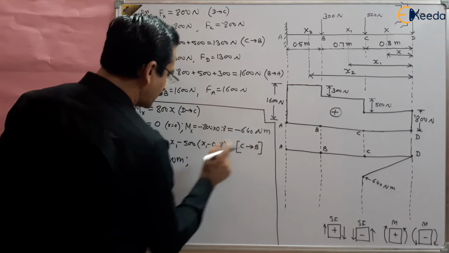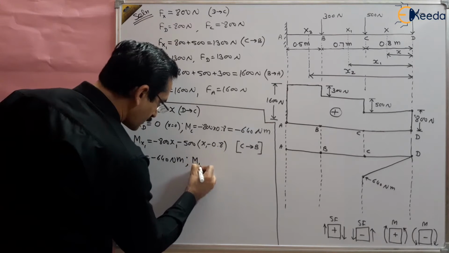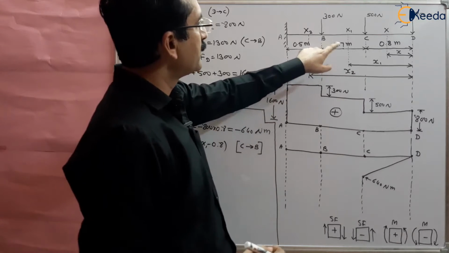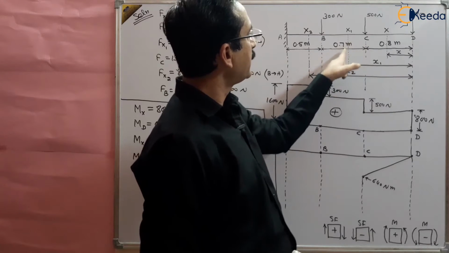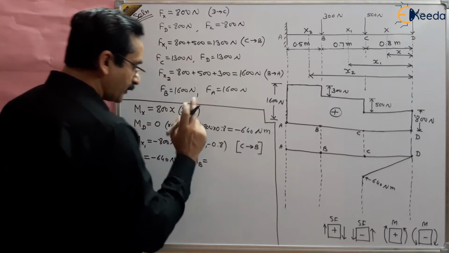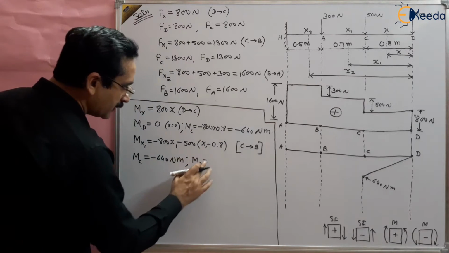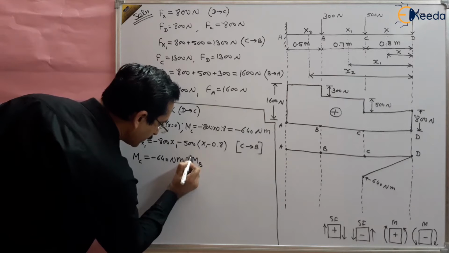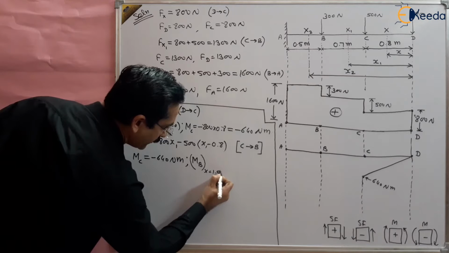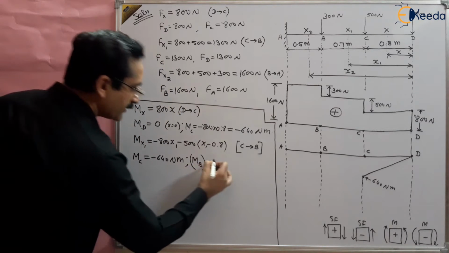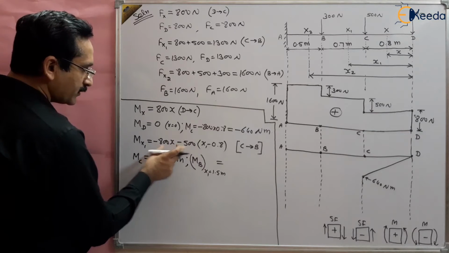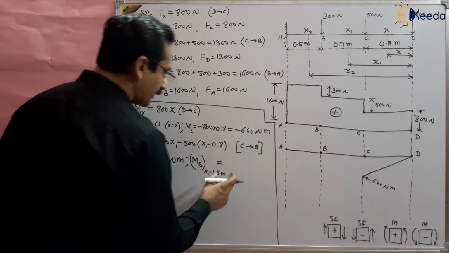And what is the value at B? MB. Now for MB, B is at a distance of 0.8 plus 0.7, that is 1.5 meter, and it means x is 1.5 meter, right? So put the value of x here as 1.5 and 1.5, and calculate it.